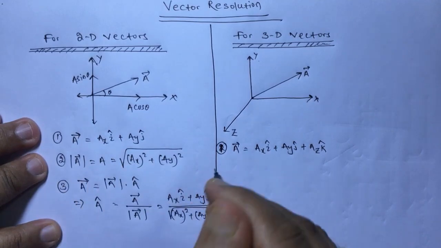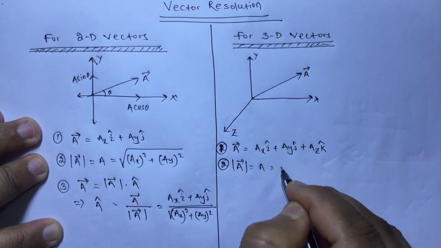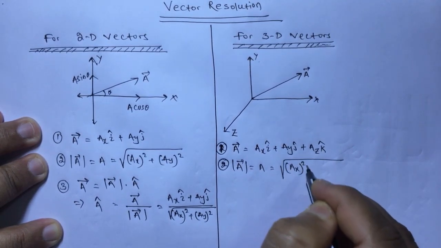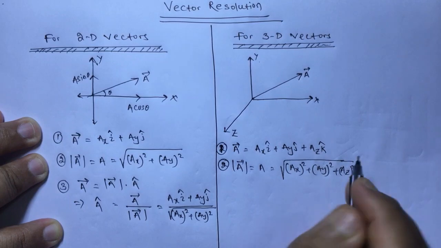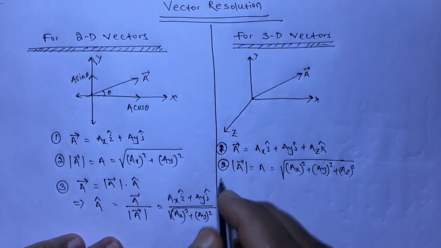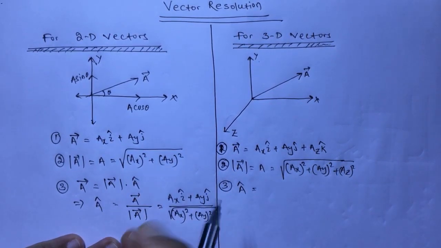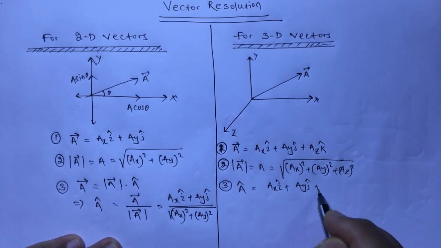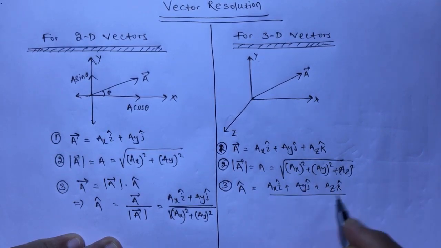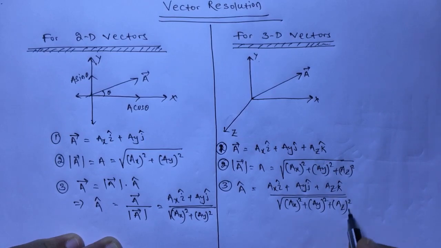Similarly, the magnitude of A vector, or A, can be written as root over Ax square plus Ay square plus Az square, exactly as in 2 dimensions. Similarly, A cap will be equal to A vector by the magnitude of A vector, so it will be Ax i cap plus Ay j cap plus Az k cap divided by root over Ax square plus Ay square plus Az square.